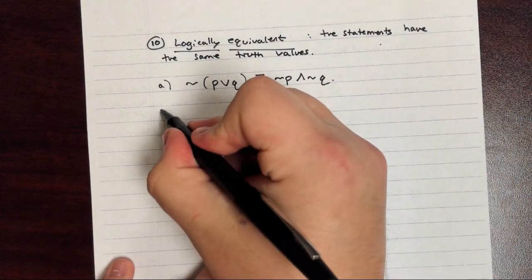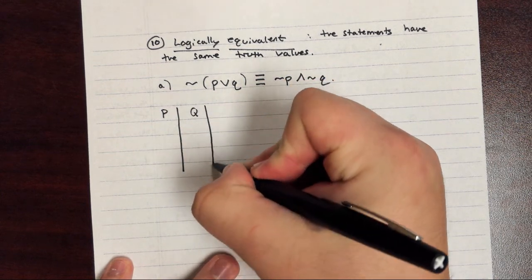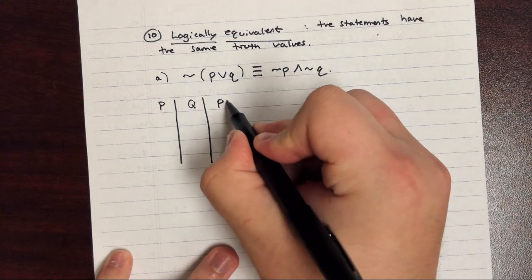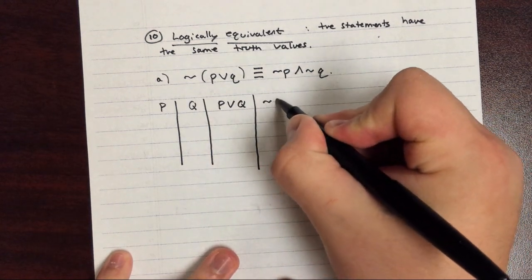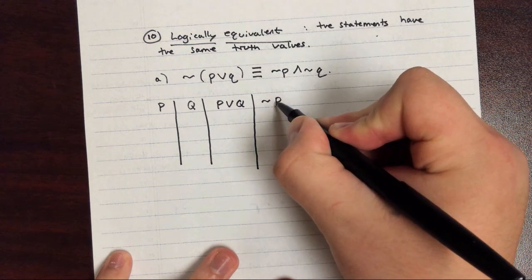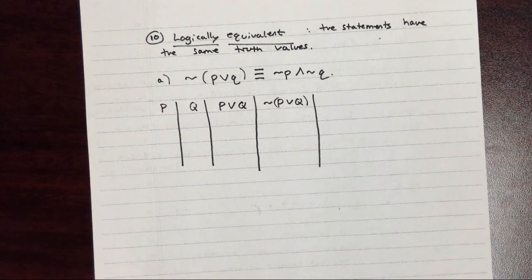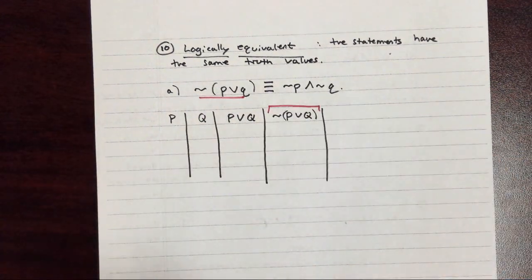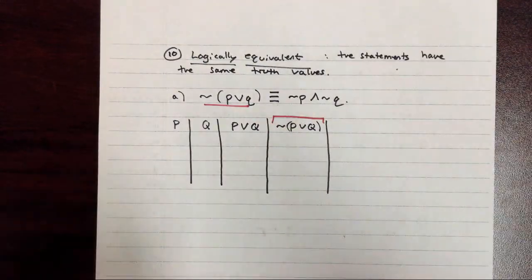So we've got to have a P, we've got to have a Q. We're trying to show not (P or Q), so we better have a P or Q column. Then we have a not (P or Q) column. Then we're trying to show this other statement, so let's break it down into pieces.